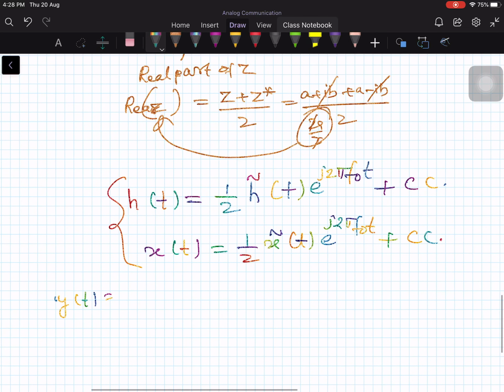What is your y of t? y of t is the integral of h of lambda x of t minus lambda d lambda. Now substitute here.